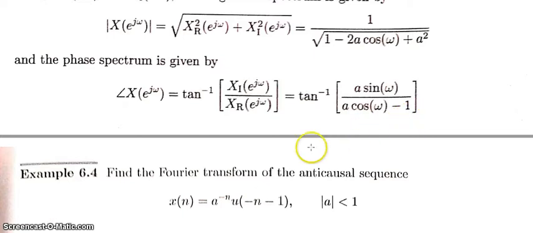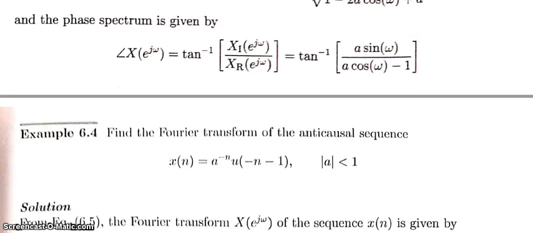Okay. Next is find the Fourier transform of the anti-causal sequence x of n equal to a raised to minus n u of minus n minus 1, modulus of a less than 1. Okay.